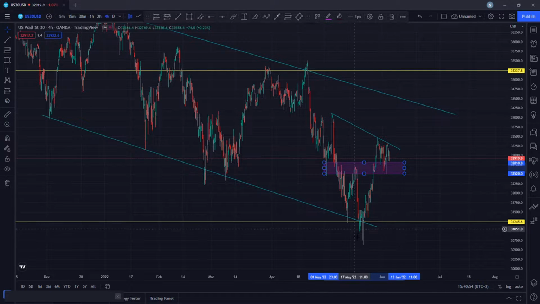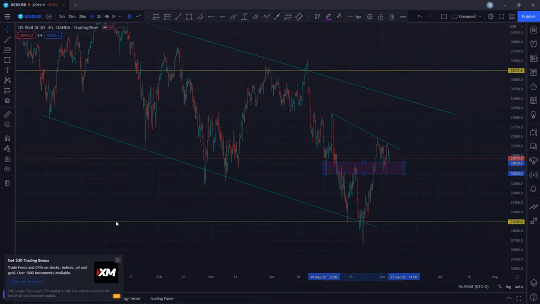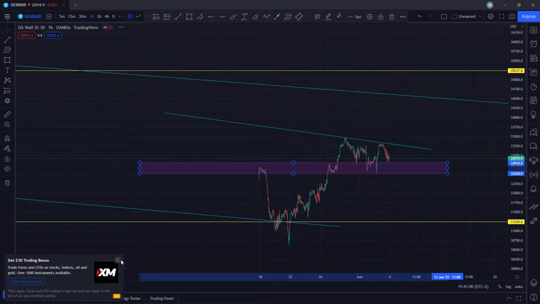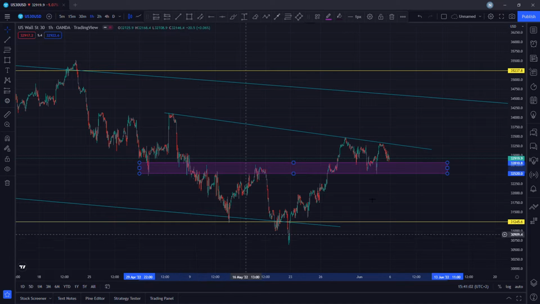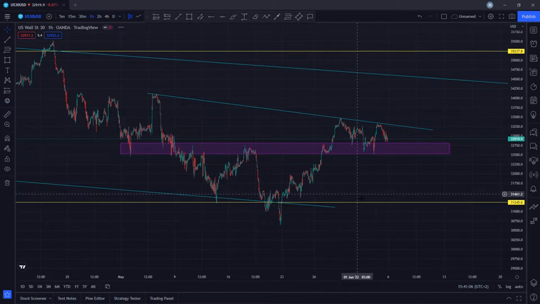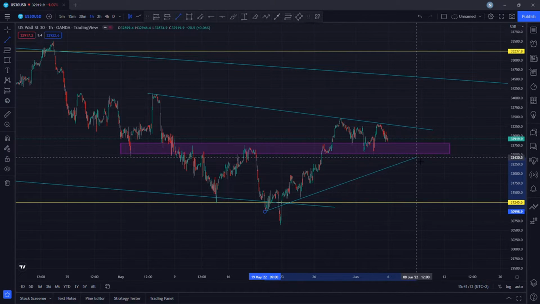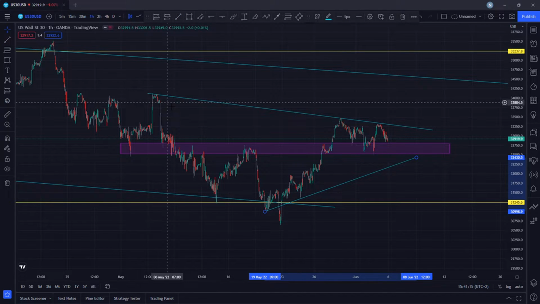Now let's go to the hourly time frame, looking for more entries. I think we can see that upward trend. Remember, this is the major one that we saw on the 4 hour.